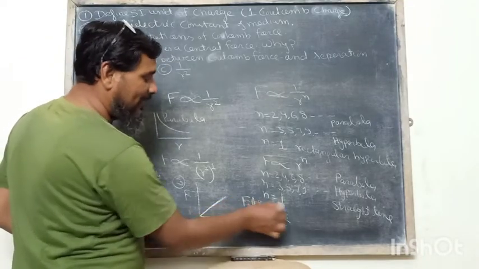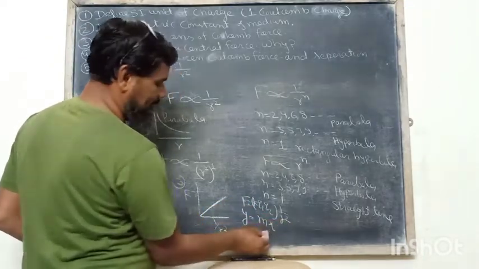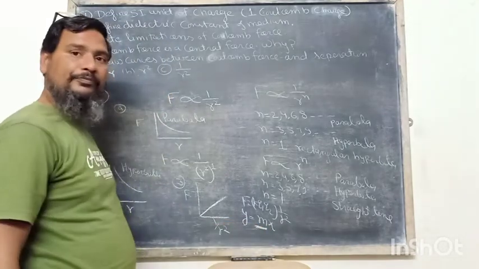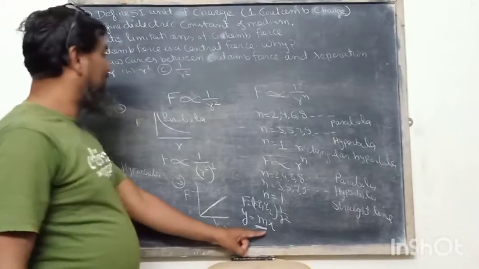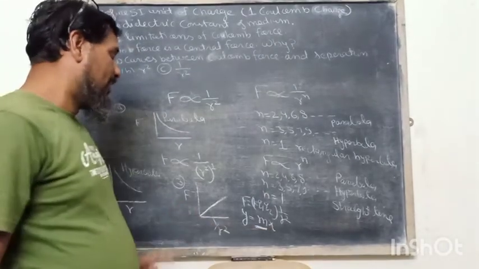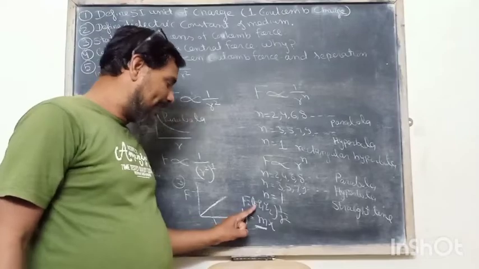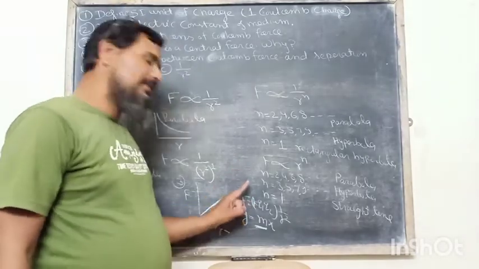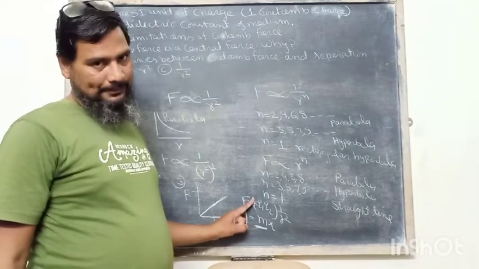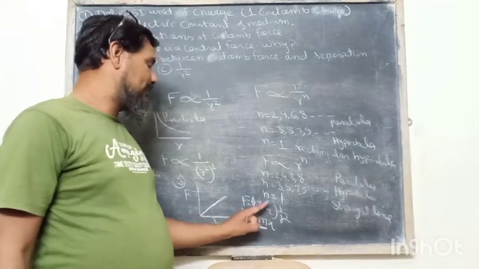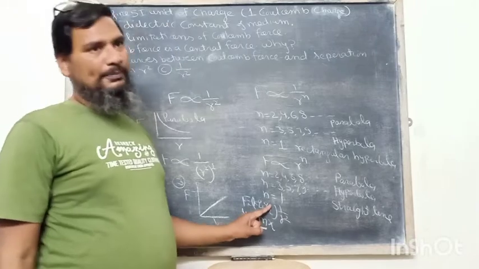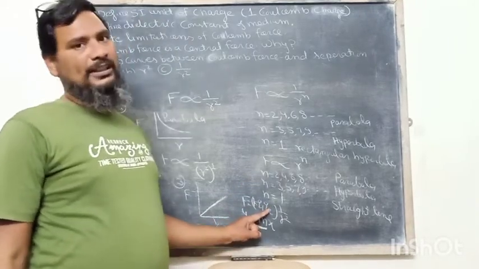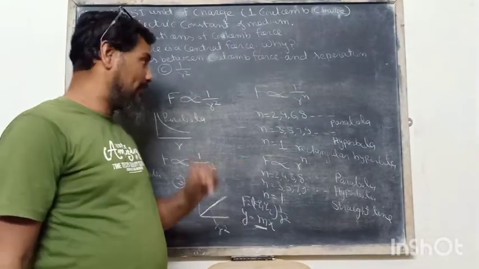Y means F and x means 1 upon R square, so K Q1 Q2 is the slope of the curve. For vacuum, the value of K is greater, for a medium, the value of K is smaller. And if the product of charges is greater, then the slope is also greater. And if the product of charges is smaller, then the slope of the curve is also smaller.